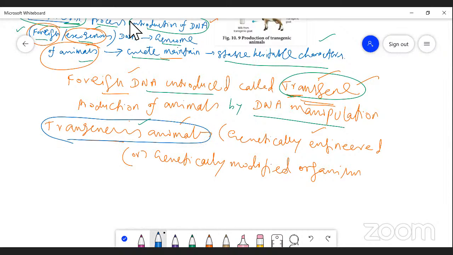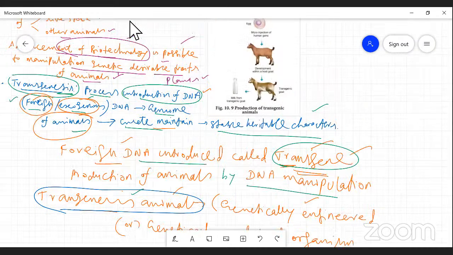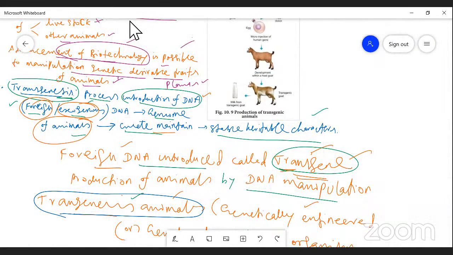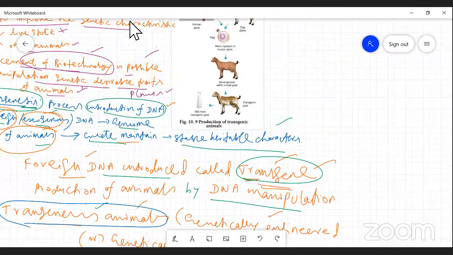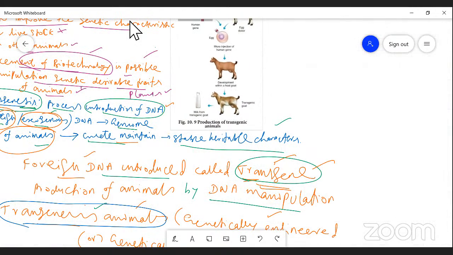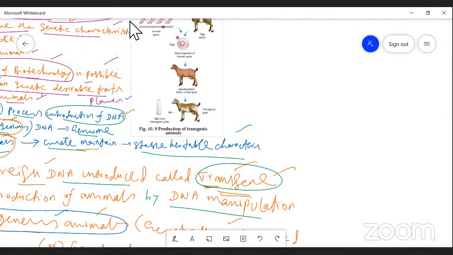They are also called genetically engineered organisms and genetically modified organisms. Next we go for the steps involved in production of transgenic animals. What are the steps involved in production of transgenic animals?